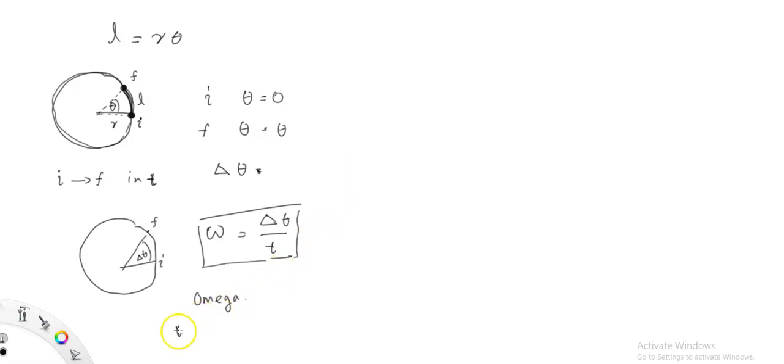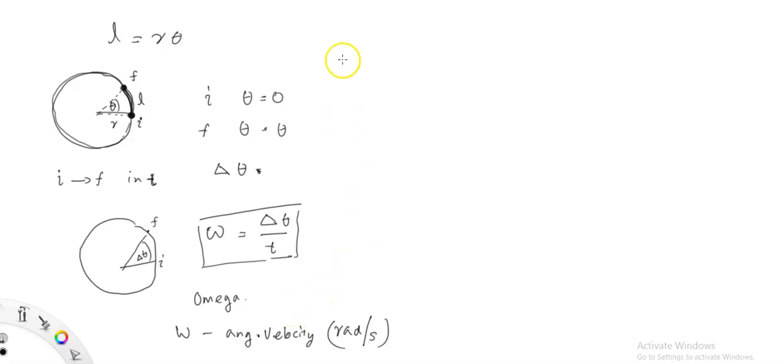Omega is angular velocity, which is angle divided by time, so the unit is radians per second.